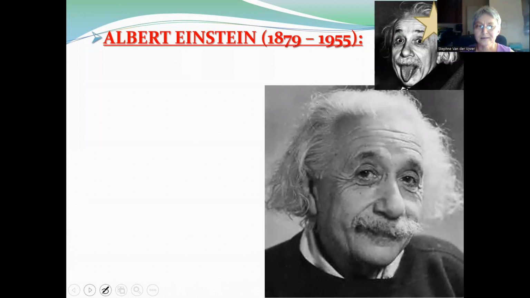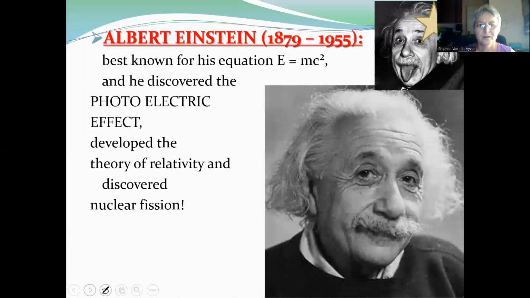The next guy is the famous Albert Einstein. It is said that he could hardly pass mathematics at school. I guess he was a bit bored. Einstein is one of the well-known modern-day scientists. He is best known for his equation E equals mc squared, where E is energy, m is mass, and c is the speed of light.